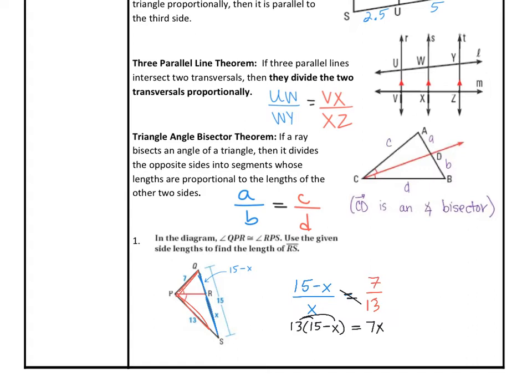If you do it correctly, then X should be 9.75. I almost boxed my answer, but I'm not doing that yet because it actually asks you to find the length of RS, which is X. So RS is 9.75.